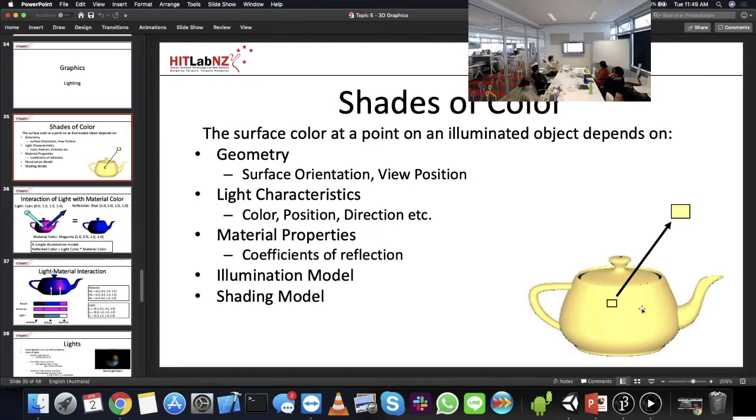But then to actually draw the pixels, we need to know a little bit about the object itself if we want it to really look good. So when we're drawing an object, we're drawing this triangle here to the screen. Effectively, all we know about that triangle is that there's a vertex there, a vertex there, and a vertex there, and those three vertices are connected by a triangle.